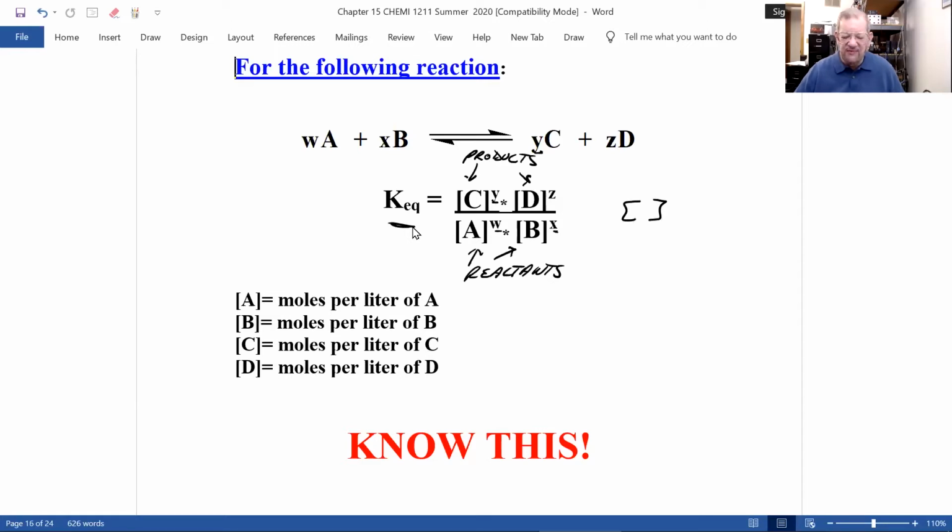Remember, when you put something in a bracket, that means moles per liter or moles per 1,000 milliliters, concentration.